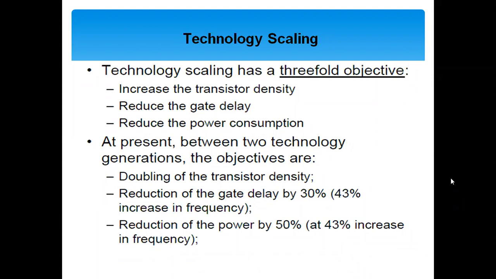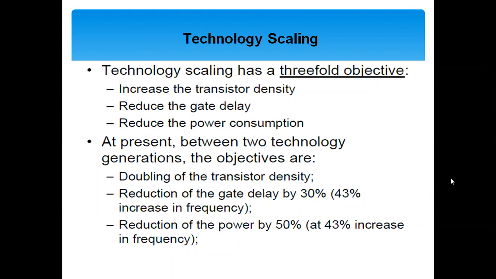Basically, technology scaling has a threefold objective, and the objectives are interlinked with each other. What are these threefold objectives? First, increase the transistor density: on a very small space, the maximum number of transistors should be occupied.